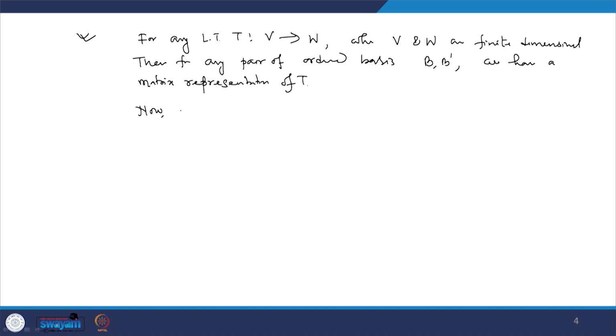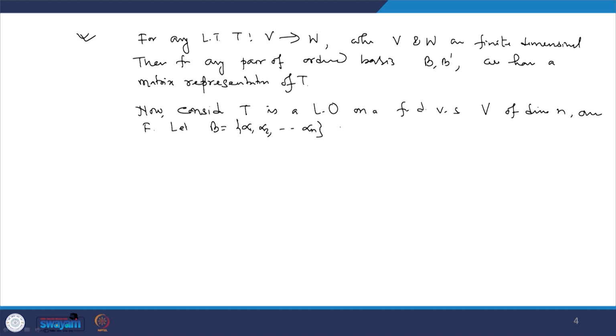Now consider T a linear operator on a finite dimensional vector space V of dimension n over a field, say capital F. Let B equal to alpha 1, alpha 2, up to alpha n be an ordered basis for V. Since V and W are the same, I will also have a matrix representation of T related to the ordered basis B and B, because both are the same.